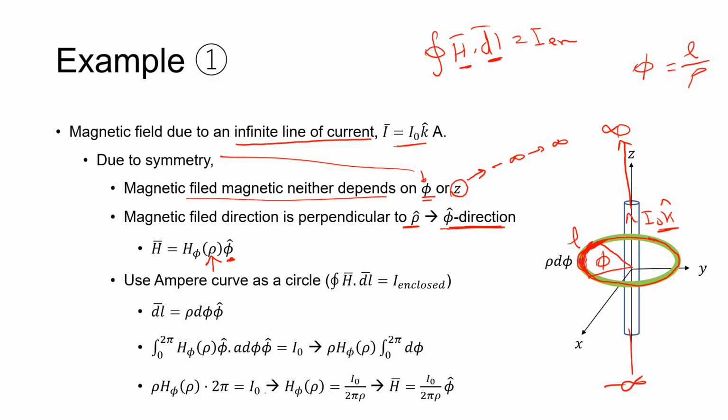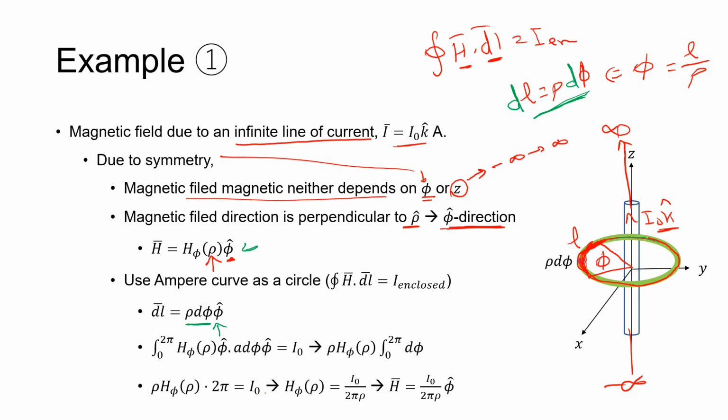So you can rewrite this as L equal to rho phi. Now when you take the derivative, rho is independent, so you get dl equal to rho d phi. That's where rho d phi comes from. And since we are moving in the phi direction, you get the phi unit vector here.